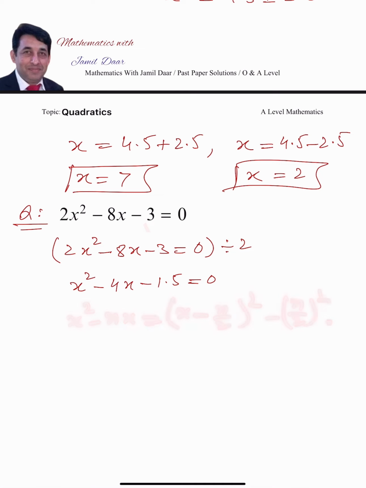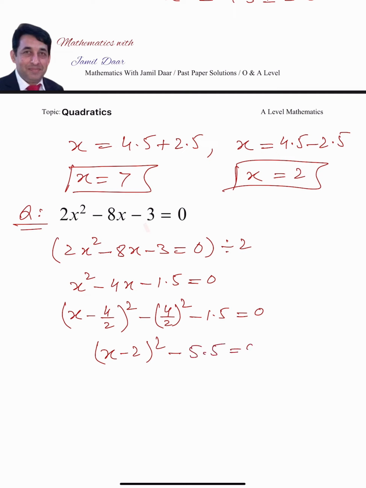So, completing the square, (x minus 4 over 2) whole square minus (4 over 2) whole square minus 1.5 is equal to 0. So (x minus 2) whole square and minus 4 minus 1.5, minus 5.5 is equal to 0.